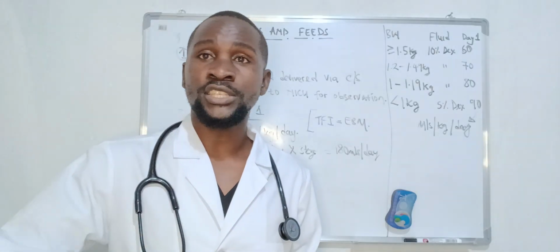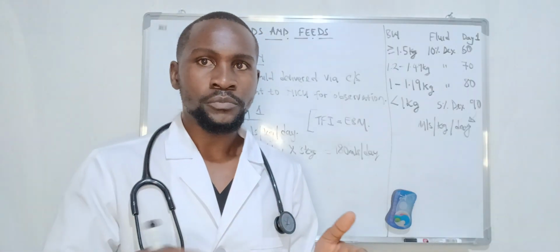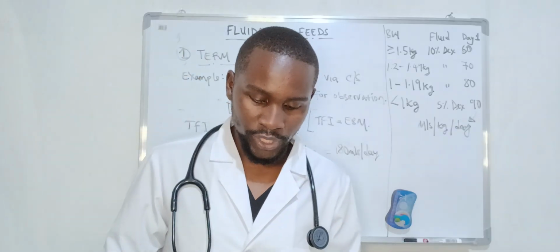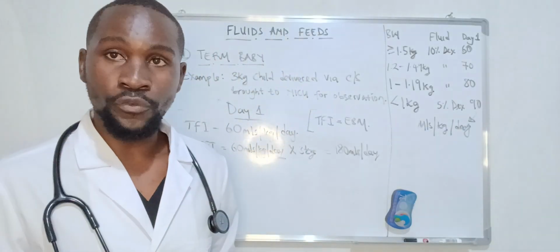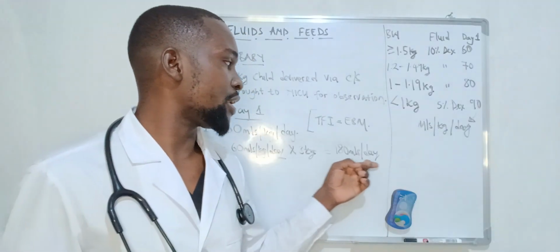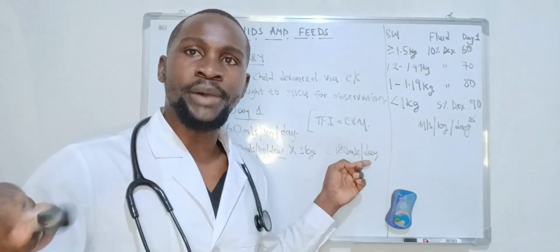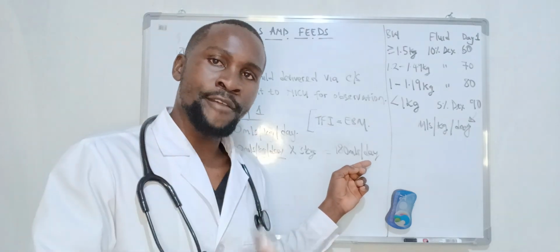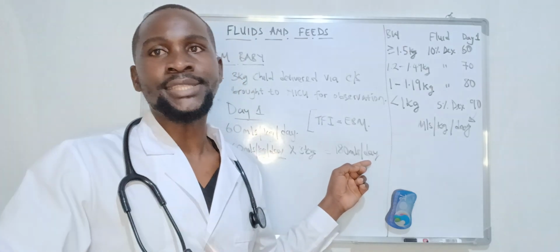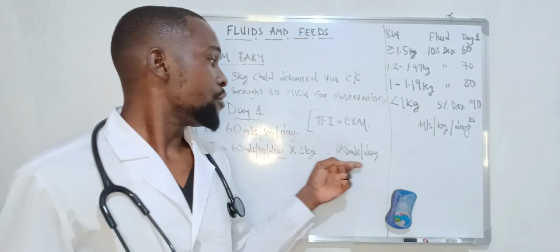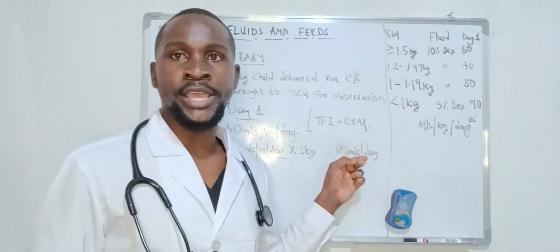It means you're going to feed this child 12 times, because it becomes 24 divided by 2. So if you are going to feed this child 12 times, you divide this 180 meals by 12, so that you have the amount of feeds you are going to be giving this child every 2 hours. So that at the end of the 24 hours, the first day, you would have fed this child 180 meals.